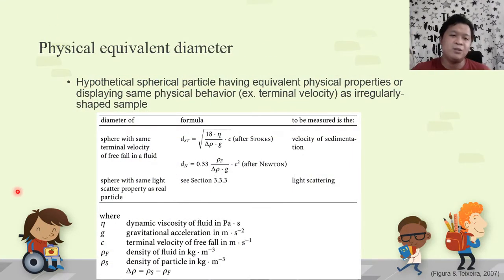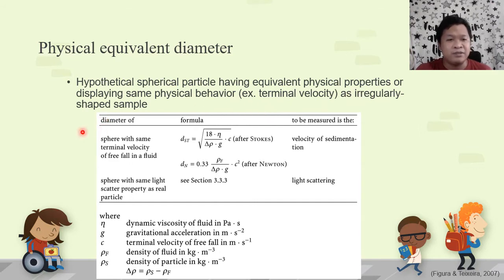Napakarami nating kinukuhang mga equivalent this and that, no? And of course, again, these are used for modeling. One of them is the physical equivalent diameter, where you assume a hypothetical spherical particle having the equivalent physical property or displaying a certain physical behavior as your irregularly shaped sample.